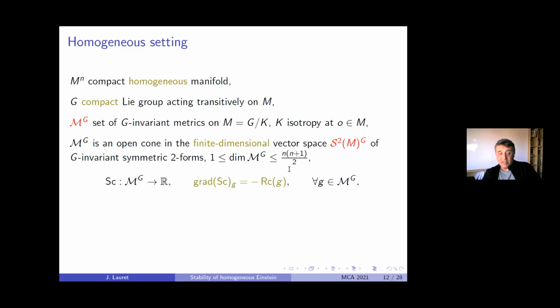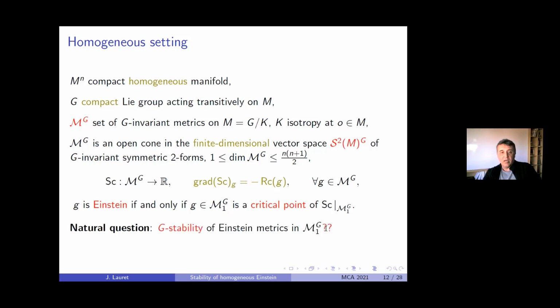So we have the same problem as in the general case, in the classical case, but now everything is finite dimensional. We have this scalar curvature functional. The gradient is precisely the Ricci tensor, and then we have the same. G is Einstein if and only if it's a critical point of this functional scalar curvature.